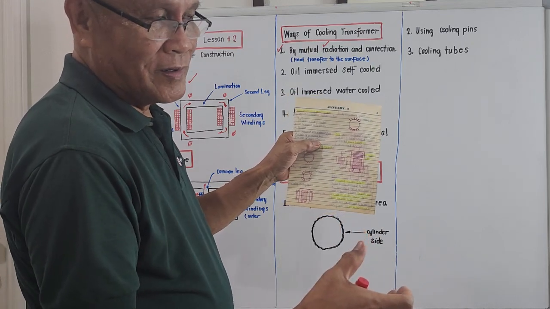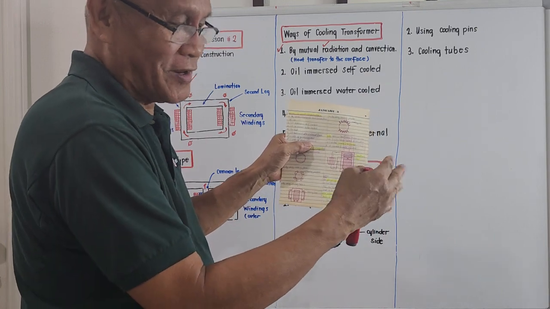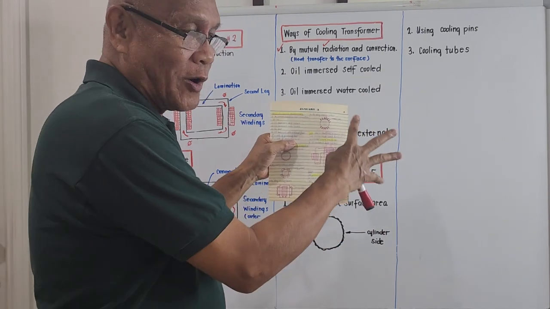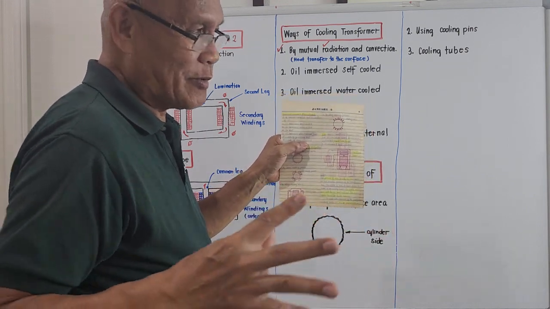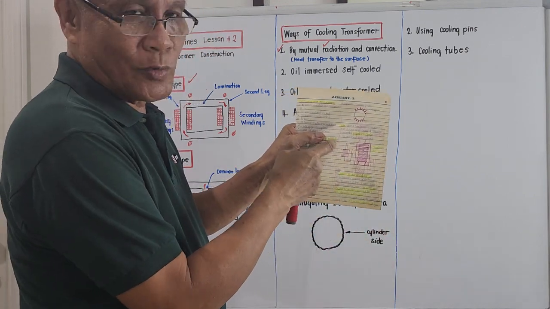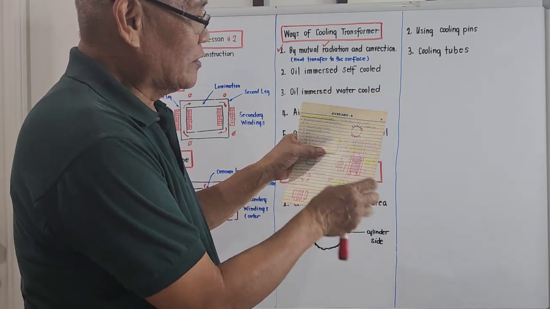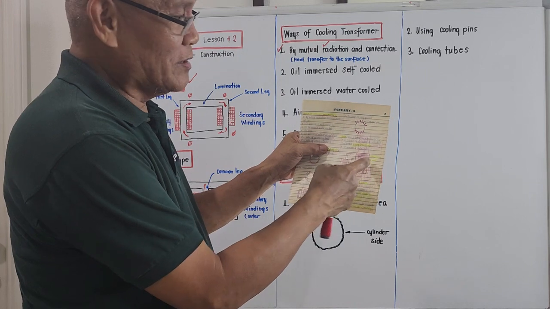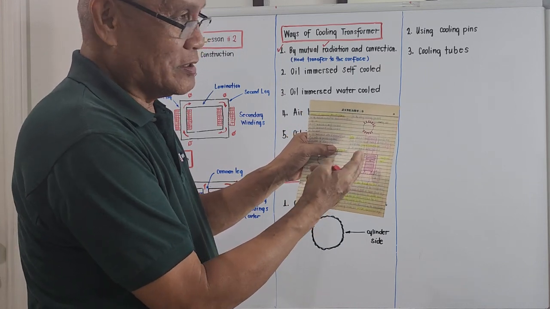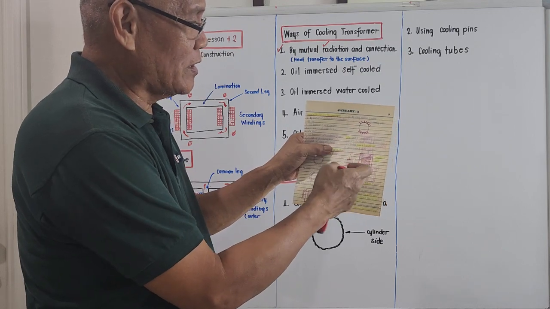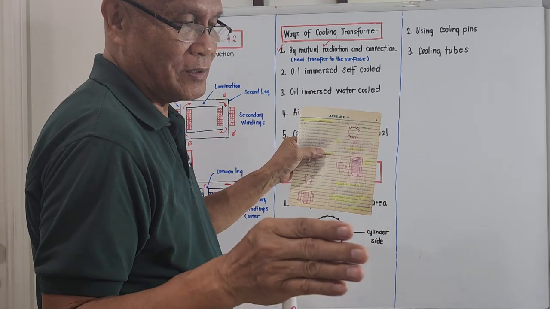The water is circulating, it passes through the radiator, then it will be blown by the air, so the heat that comes out from the transformer is blown out. Same true with the transformer. We got cooling tubes inside the transformer that pass cold water, in which this running water is going in and out. As it goes out, it brings out the heat from the transformer.